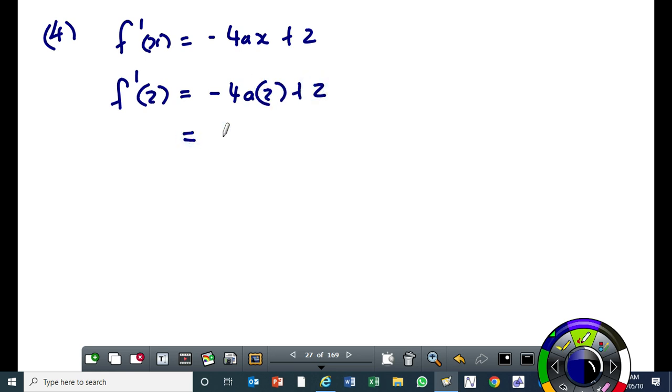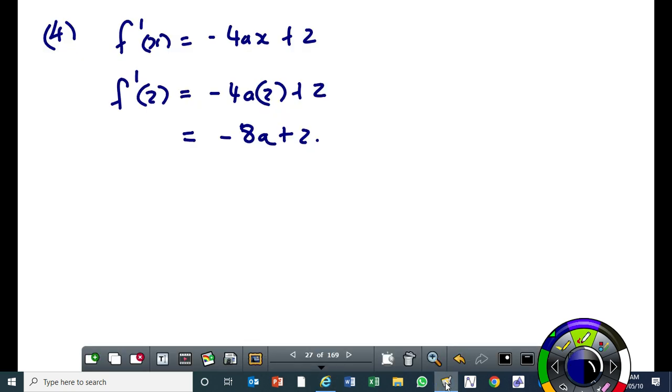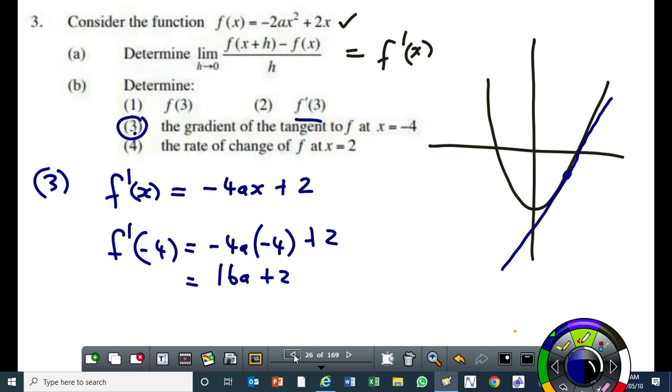So the final answer will be minus 8a plus 2. No, the expression is minus 4ax plus 2. We just substitute x equal to 2 where there is x.